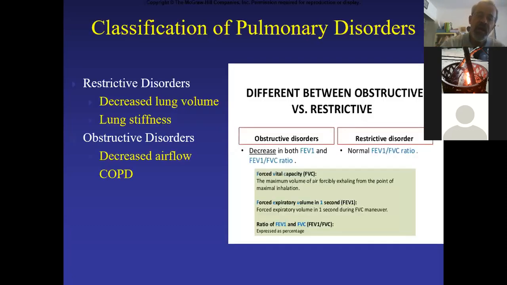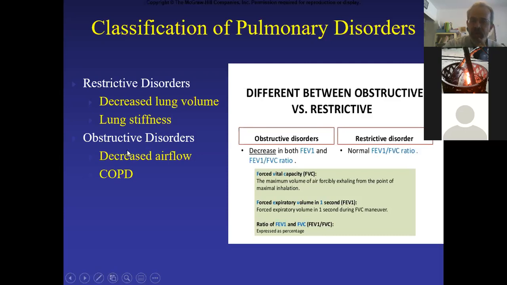Okay. First of all, with pulmonary disorders, we have two types. We have what are called restrictive disorders, in which we have a decreased lung volume and the lungs are very stiff. They've lost their elasticity.